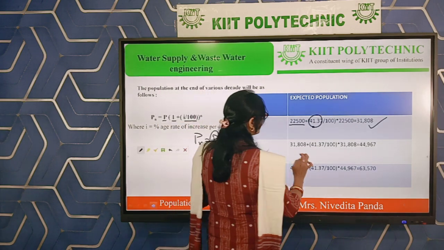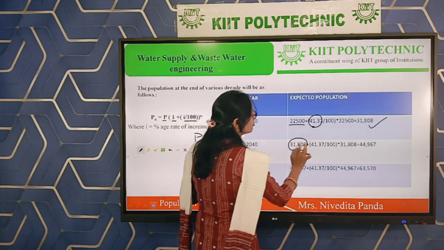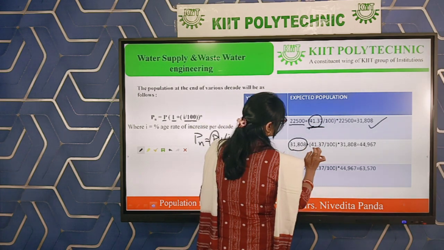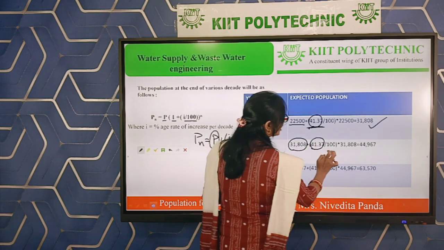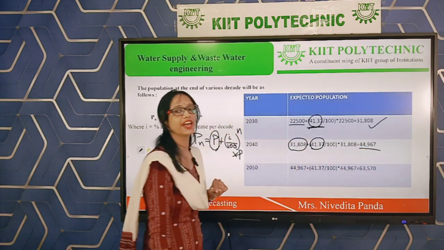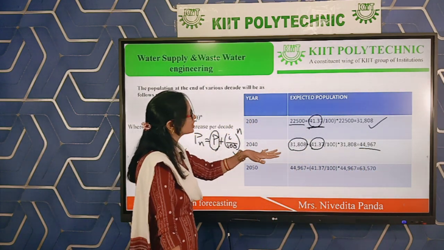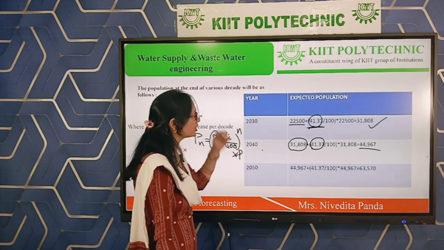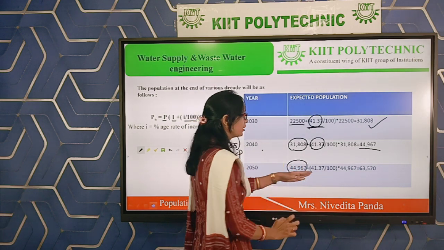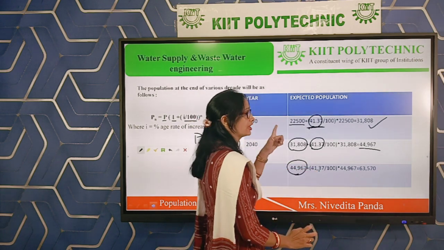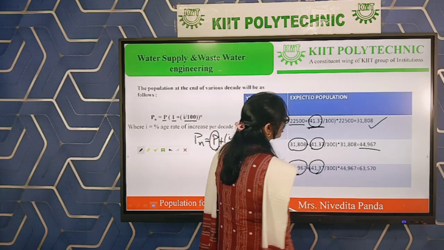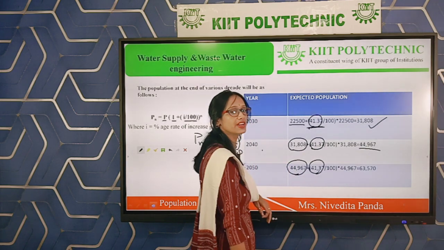So in 2040 we take 31,808 plus the average percentage increase, 41.37 by 100 into 31,808, and the value we get is 44,967. Then, taking the present population of 2040 to calculate the 2050 population, we take 44,967 plus 41.37 by 100 into 44,967, and the value we get is 63,570.